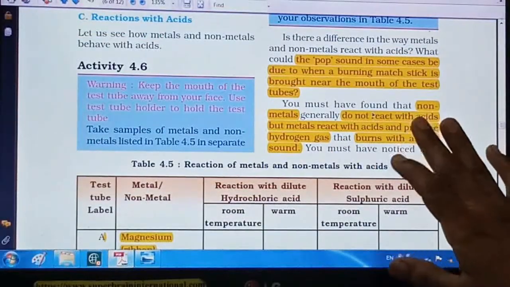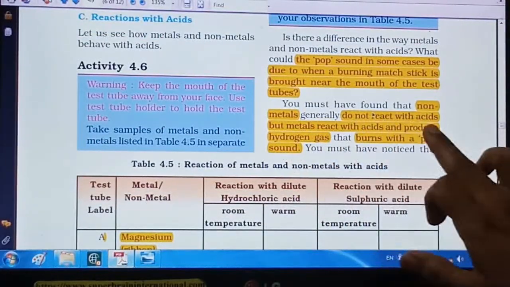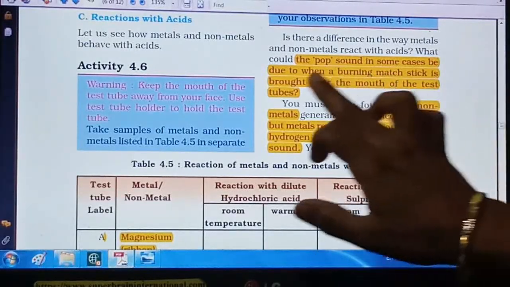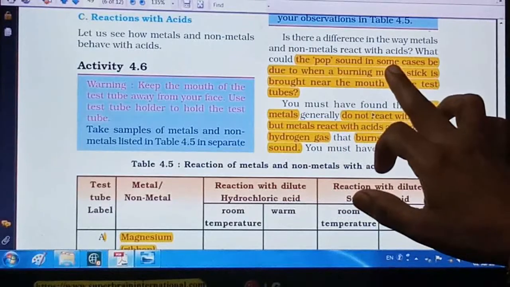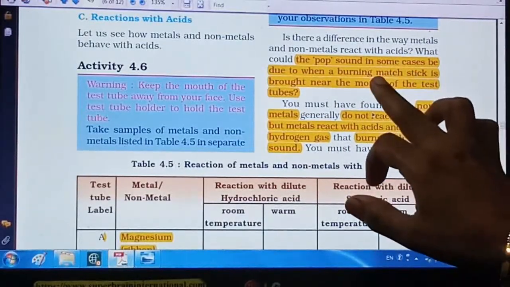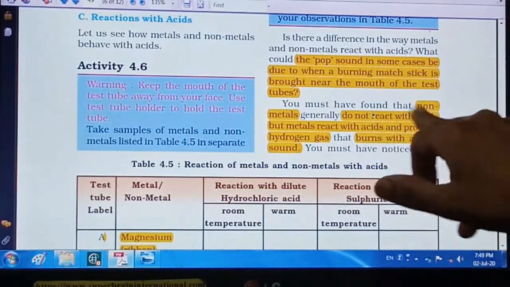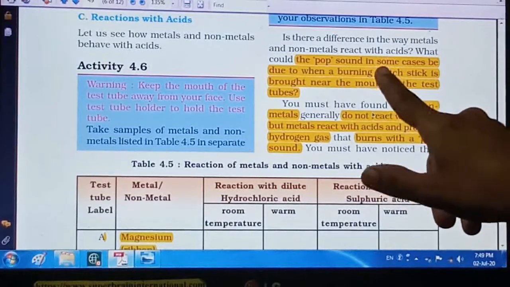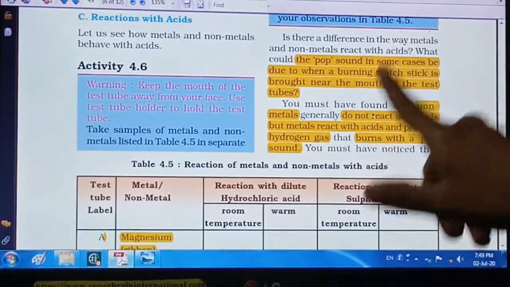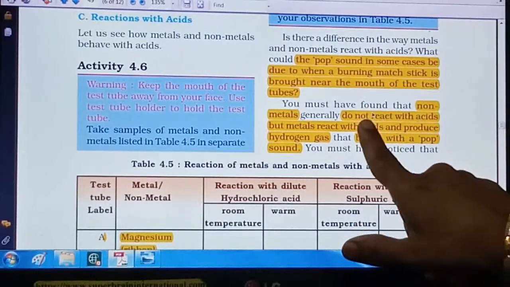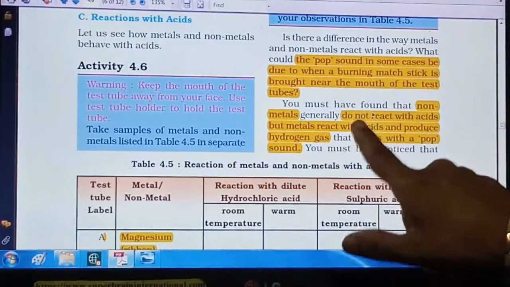You must have found that non-metals generally do not react with acid. Just highlight this sentence. Here we have seen the pop sound made by the burning matchstick at the mouth of the test tube. But here it is said that non-metals do not react with the acid. This means this is the reaction of metals with acid, and non-metals do not react with acid, because as we add hydrochloric acid or sulfuric acid to the non-metals, they remain as they are.